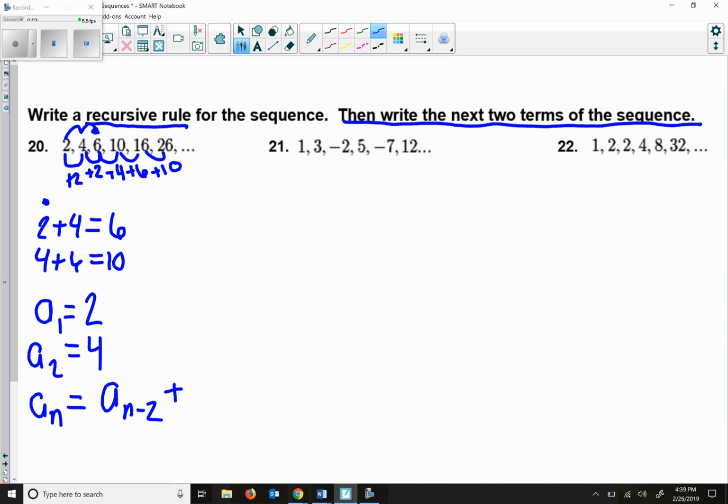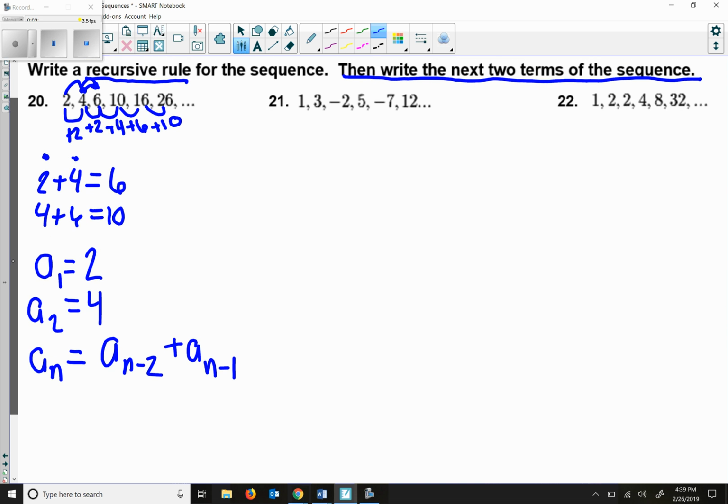And then plus a sub n minus 1. So again, from that 6, the 4 is taking place. 2 plus 4 gives you 6. So a sub n minus 2 means that you're going back 2 terms, and a sub n minus 1 means that you're going back 1 term.